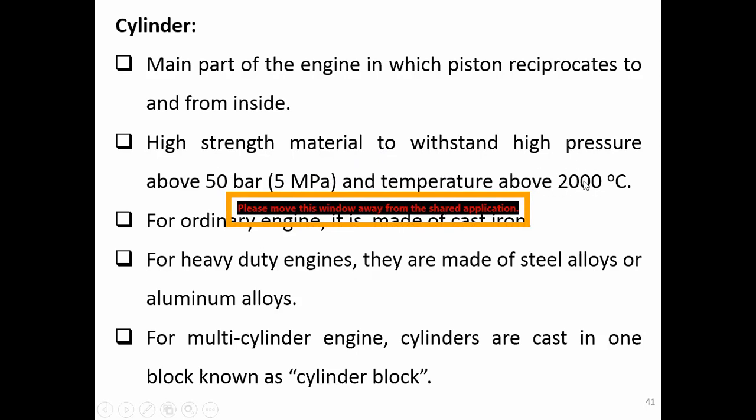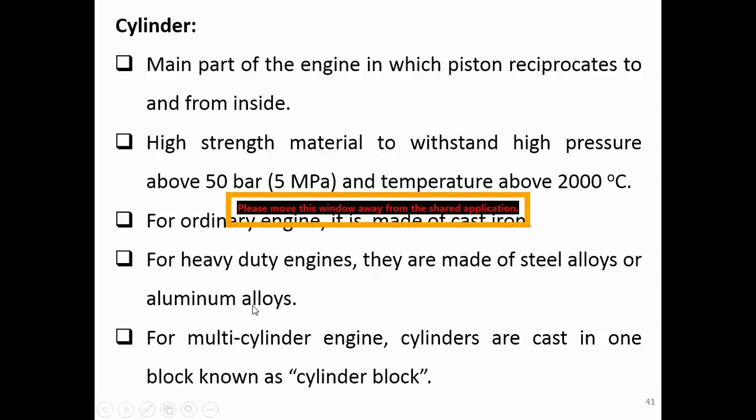For an ordinary engine, or the most common one, it is usually made from cast iron. But for heavy duty engines like big trucks or a big trailer, they are usually made from steel alloy or aluminum alloys.